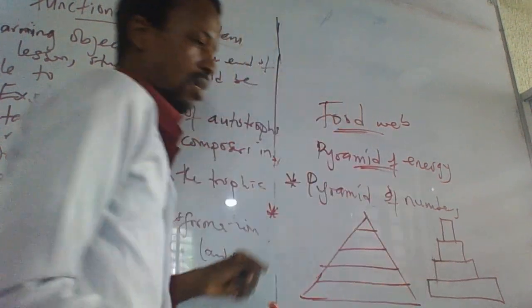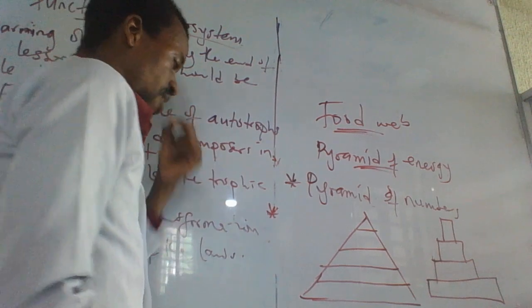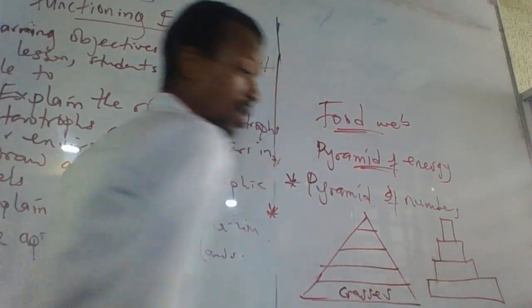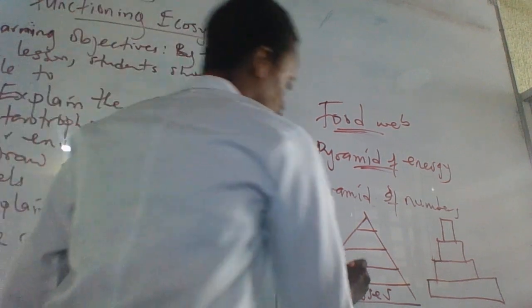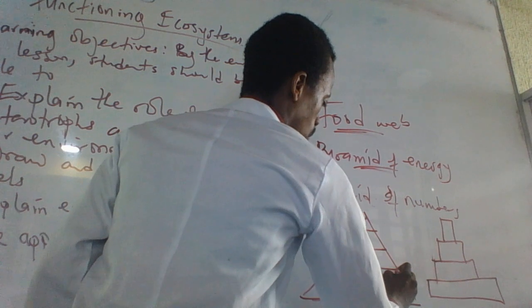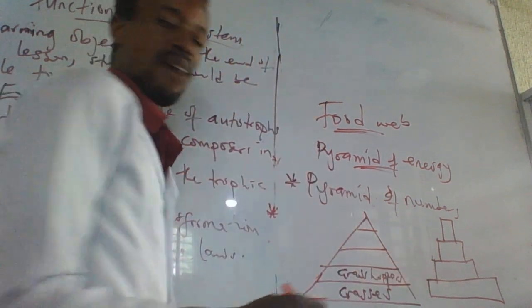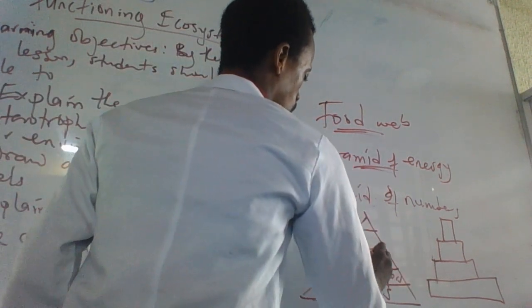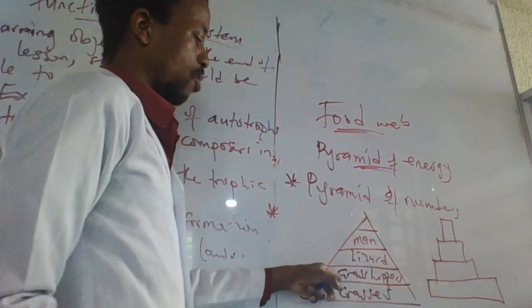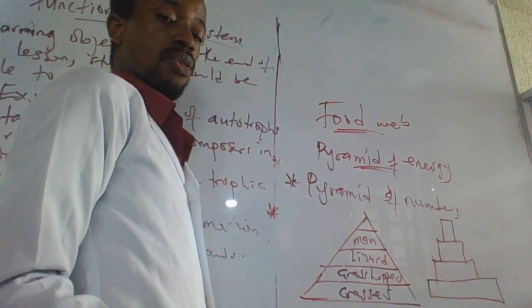You can see it either like this or like this. So here, if I have grasses, and I have grasshoppers here, and after the grasshopper, I have a lizard, I have man. I have 1, 2, 3, 4. That is 4 trophic levels.